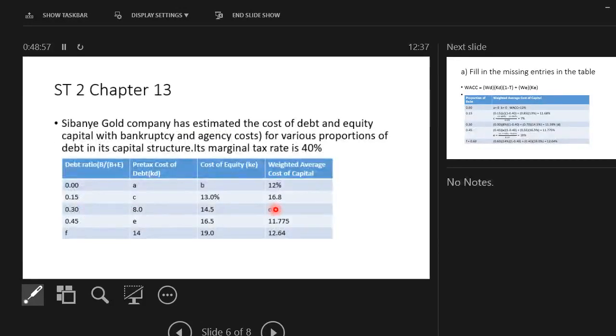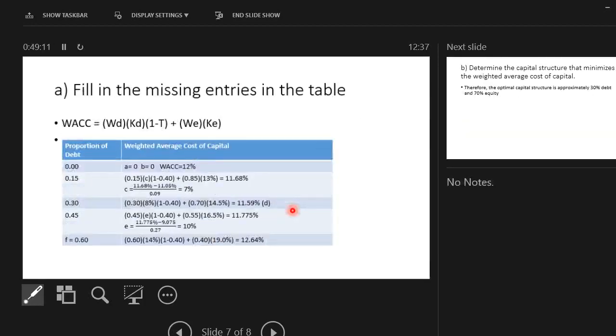You're asked then to calculate the weighted average cost of capital. You see, D is quite simple.